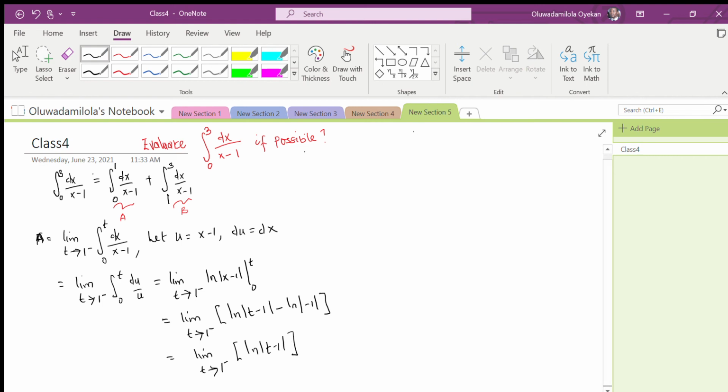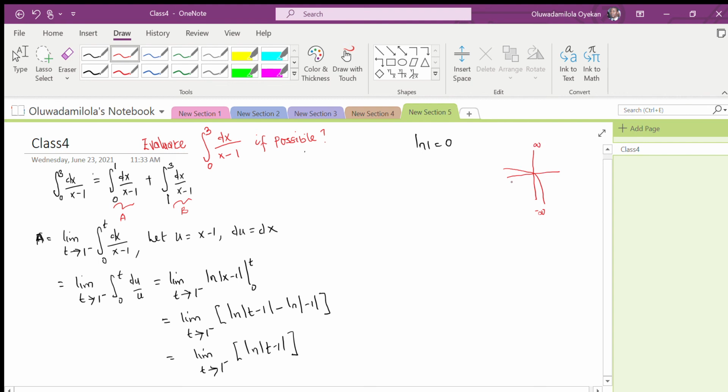Now all I have to do is substitute my 1 into that expression, and I have the answer. If you plot the ln of t minus 1 graph, it's going to look something like this. We can actually see that it's going down to negative infinity.